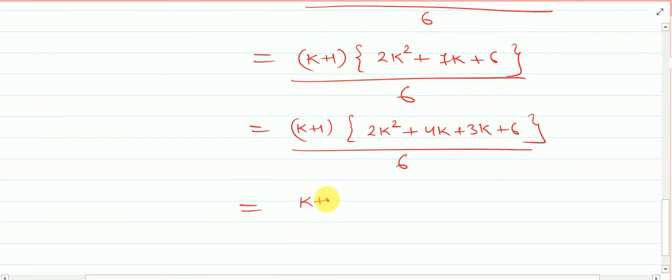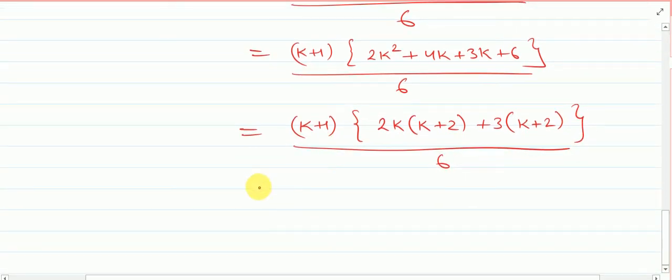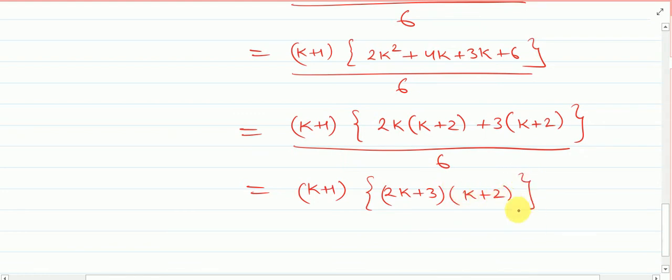Then k plus 1, 2k(k plus 2) plus 3(k plus 2) upon 6. Then k plus 1, (2k plus 3), and here (k plus 2).